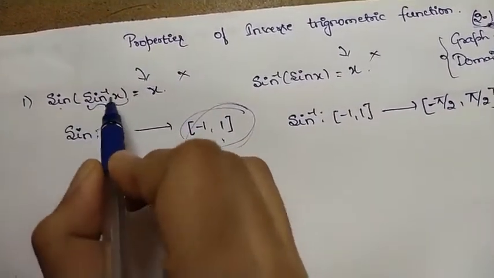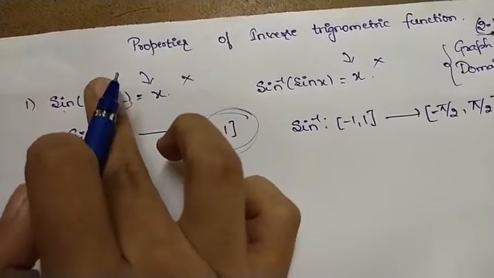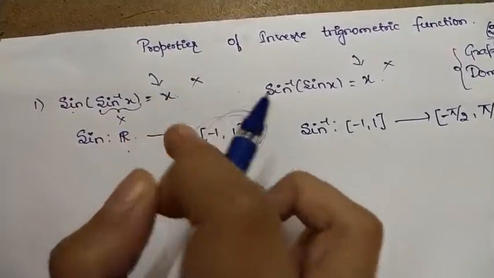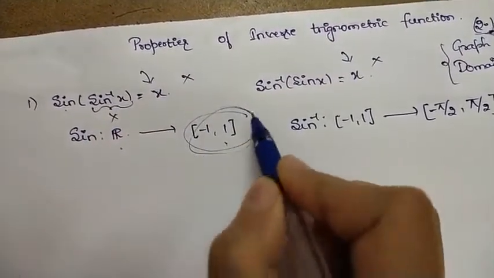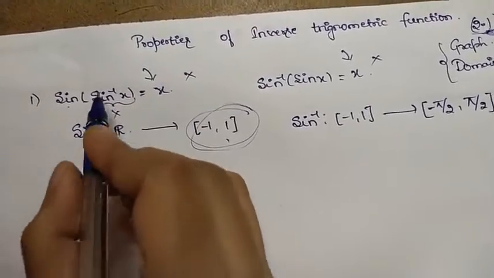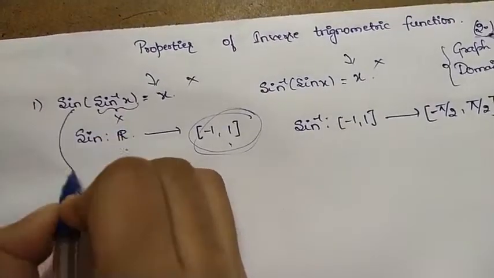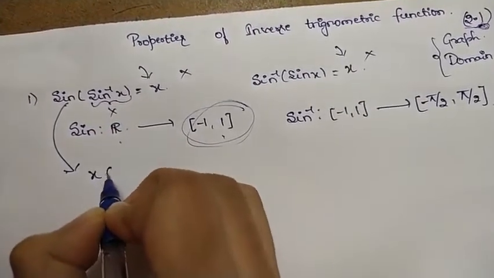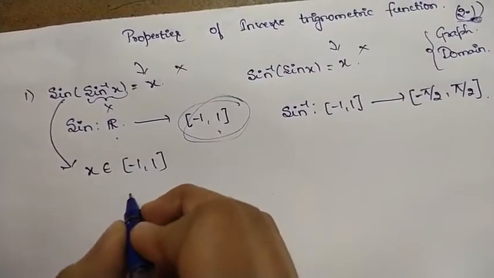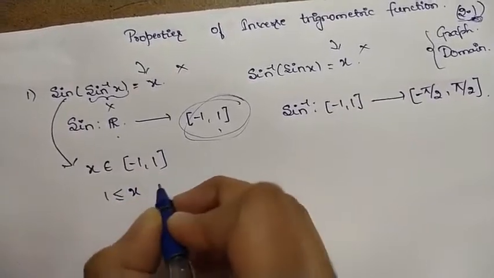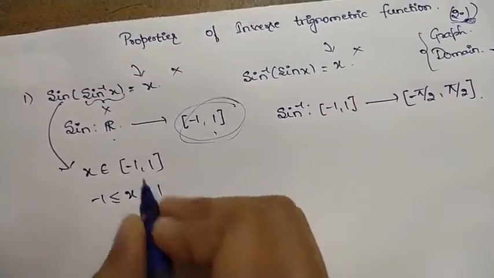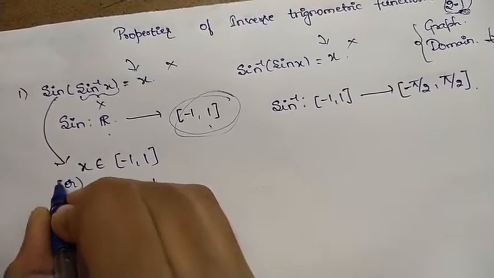So in sine of sine inverse of x, our x is going to lie in the range of the sine function. So here our x belongs to -1 to 1, that is x is greater than or equal to -1 and less than or equal to 1. We can write it in any way.